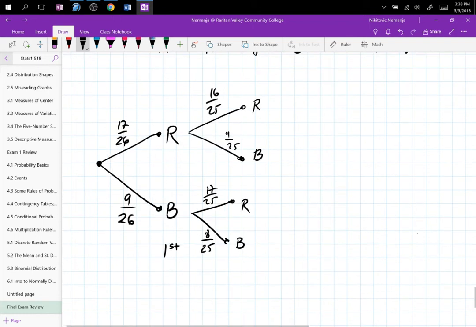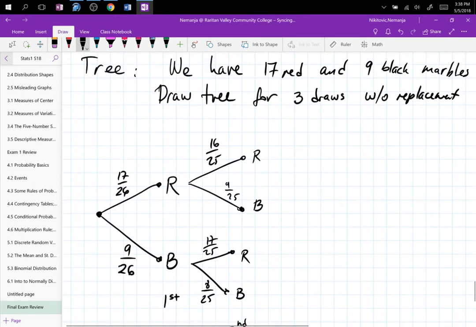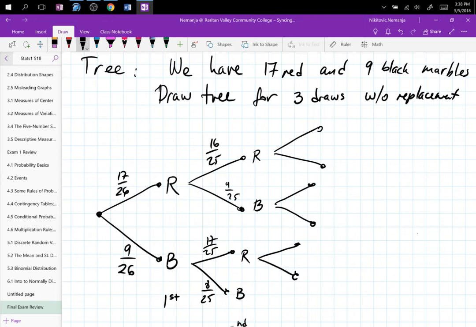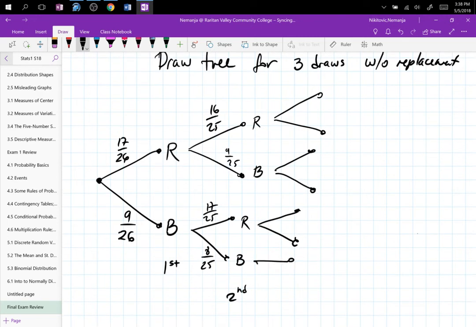That was the second draw. We're going with a third draw in each one of these branches, and each one of these branches splits into red and black.